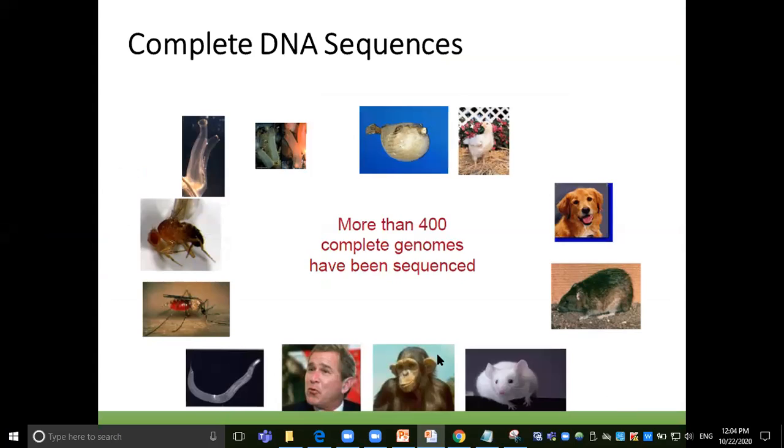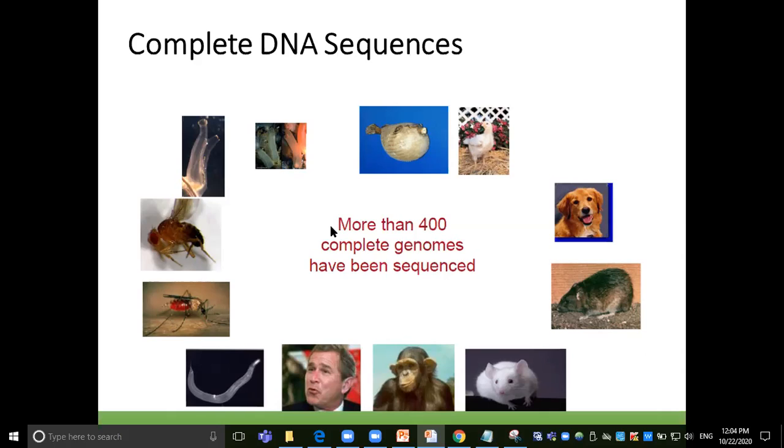It is important mainly because more than 400 complete genomes have been sequenced. Now this number has increased. I prepared the slide maybe 2 to 3 years ago, so you can see the number of complete genomes sequenced now. It's increasing day by day.